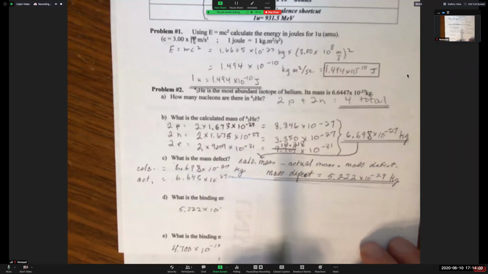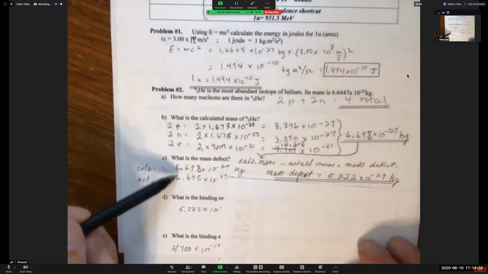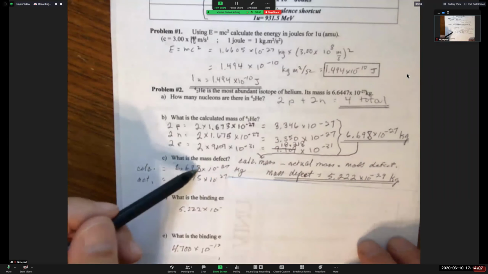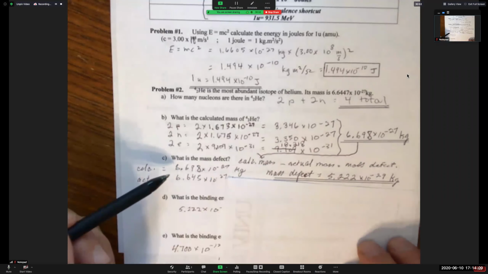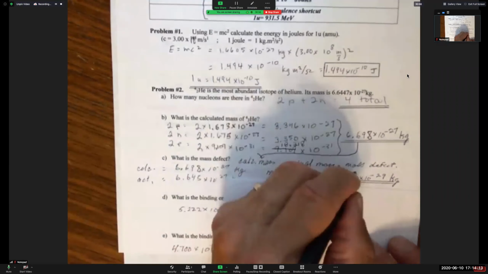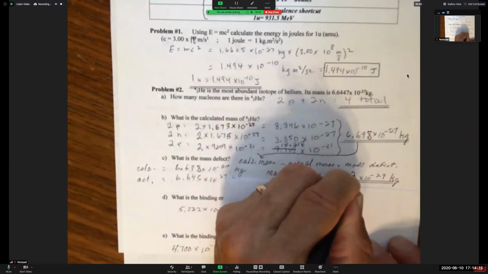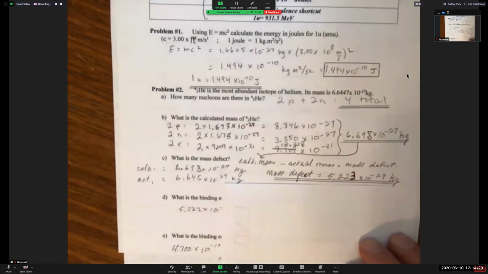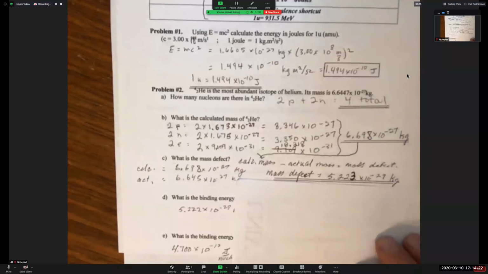So if we subtract 6.645 times 10 to the minus 27 from 6.698 times 10 to the minus 27, we get a mass defect of 5.223 times 10 to the minus 29 kilograms. No, that's not right.